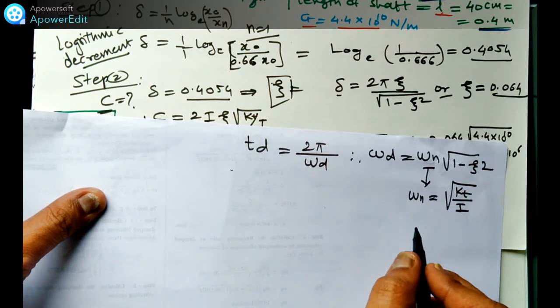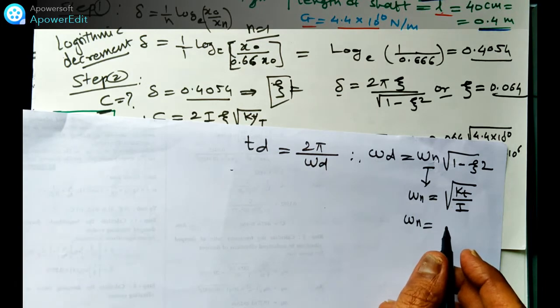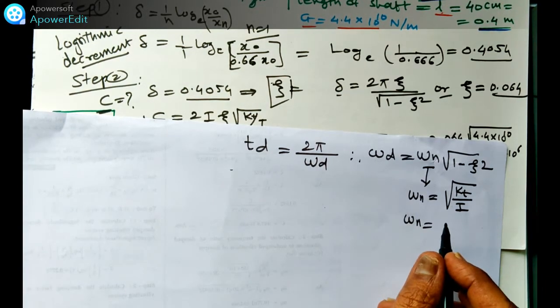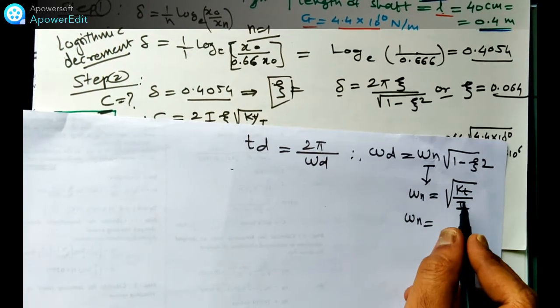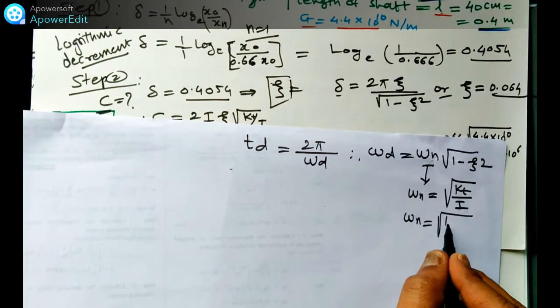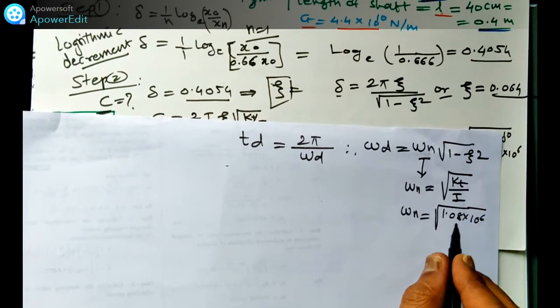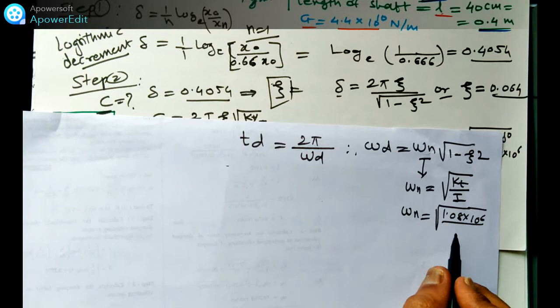This is the torsional vibration. So first we have to find out the value of omega n. Omega n we can find out by using the formula, square root of KT by I. Putting the value 1.08 into 10 raised to 6 in the numerator, what is the value given to you?